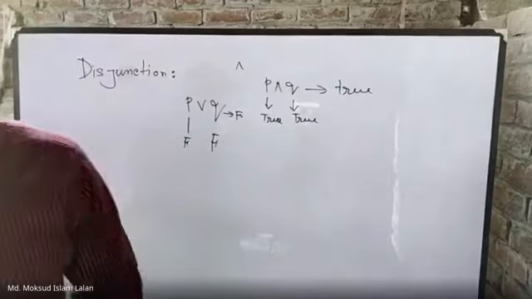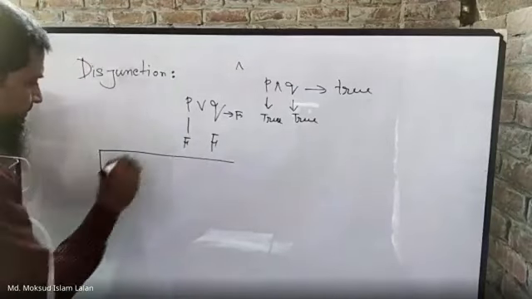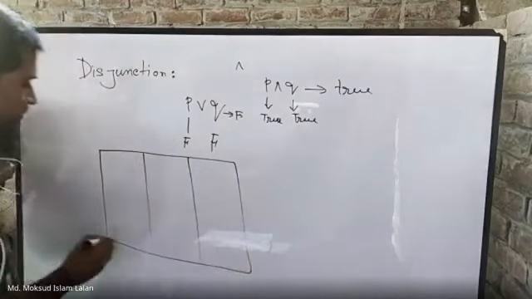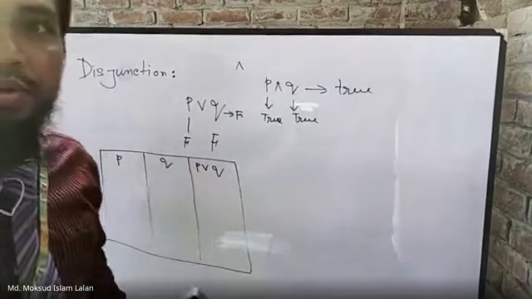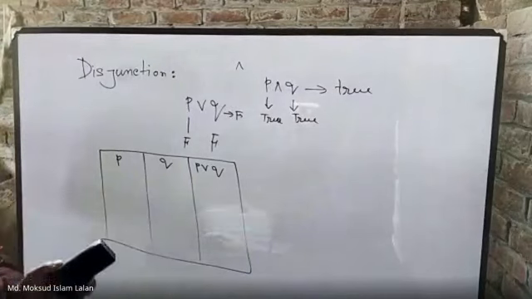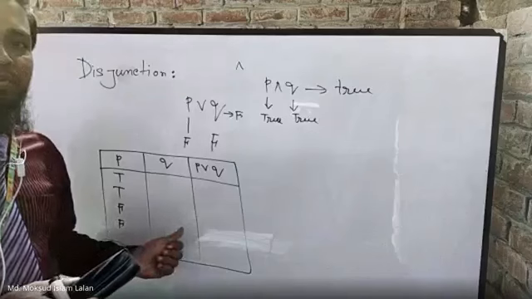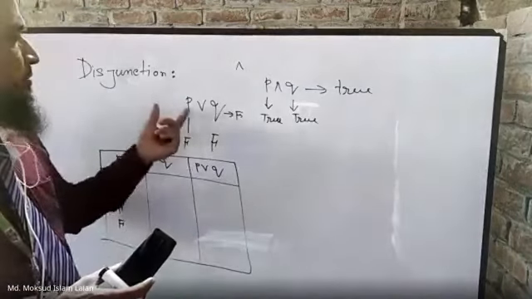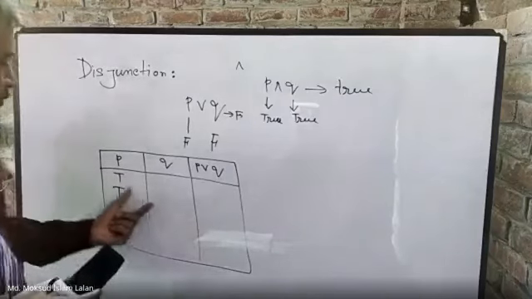So if you draw the truth table, with P, Q, and then the disjunction of P and Q, it would be good to give the definition with a table and an example.